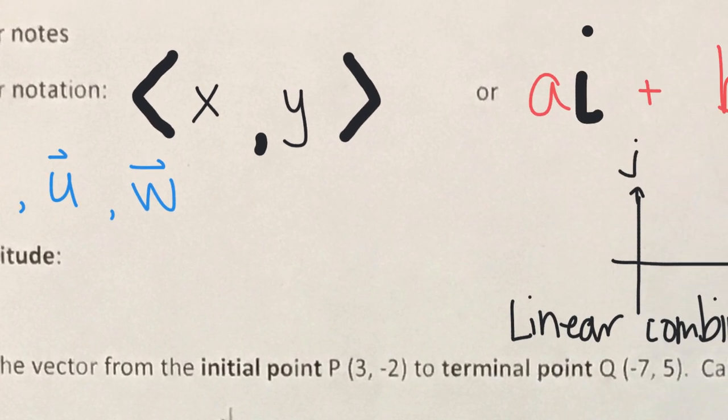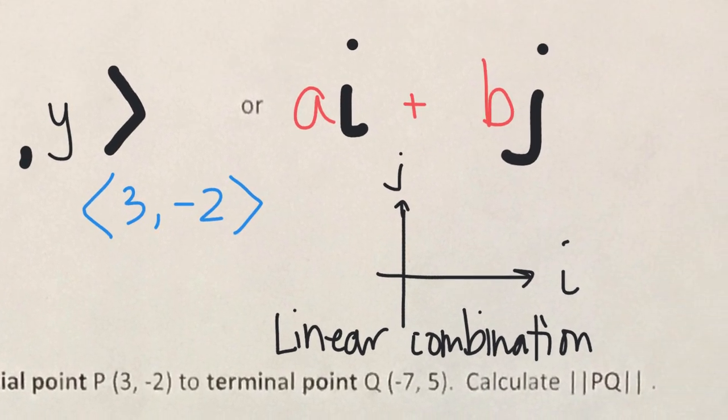So maybe let's say we have the vector ⟨3, −2⟩. That's how we would write it, as chevrons or in component form, or as a linear combination. That would be 3i − 2j.